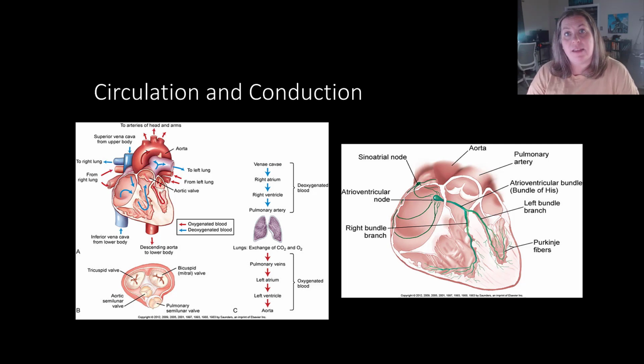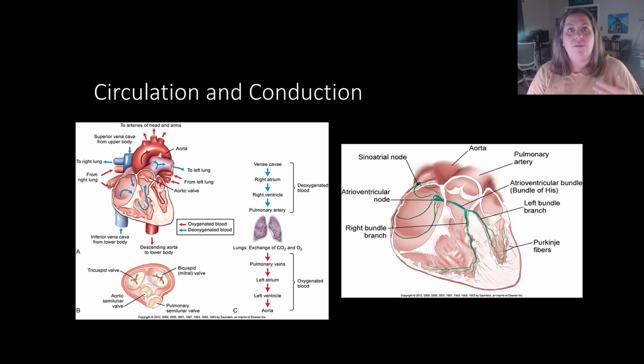Now, these valves that separate the atrium from the ventricles are known as the AV valves or the atrioventricular valves. Okay, so tricuspid, bicuspid valve are known as atrial ventricular valves or AV valves. Now, the pulmonary and the aortic valves, the semilunar valves, they look more like half moons. Okay, so when they close off, they kind of look like a half moon.